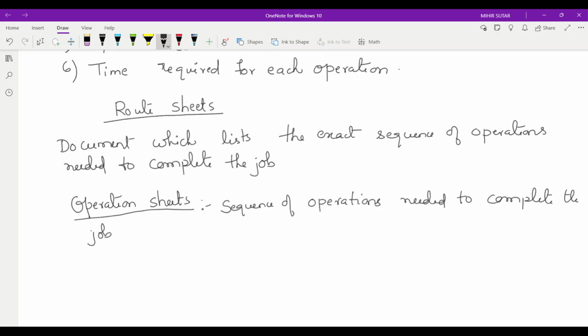It may not happen if you have done everything in a proper plan. In that case, your route sheet and operation sheet will be the same. If there is any waiting time or some sort of disorder occurs, suppose a machine breakdown, you have to revise your plan. In that case, you are using the route sheet. That is the exact sequence of operations that is needed to complete the job. Okay, that is your route sheet and operation sheet.